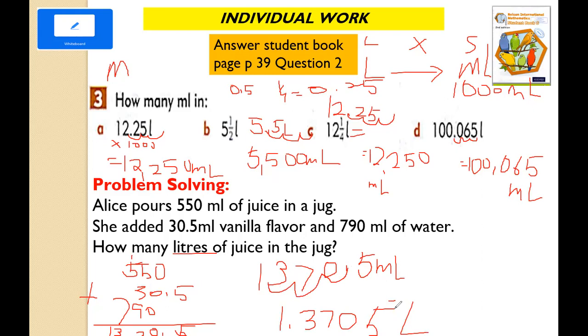And if you are going to convert from a larger unit to a smaller unit, you need to multiply. Okay, so keep that in your mind. And 1 liter equals 1,000 ml.